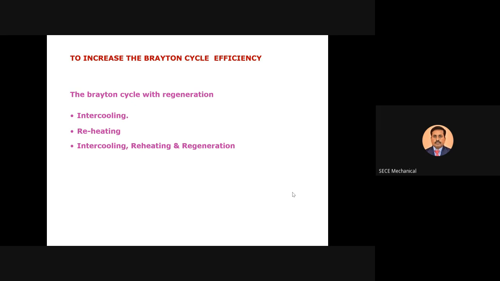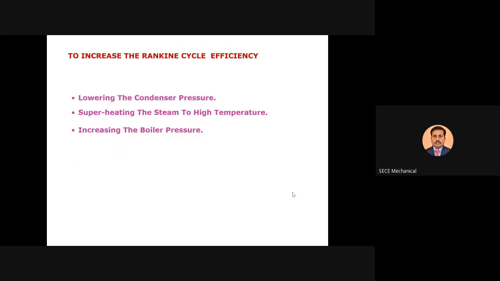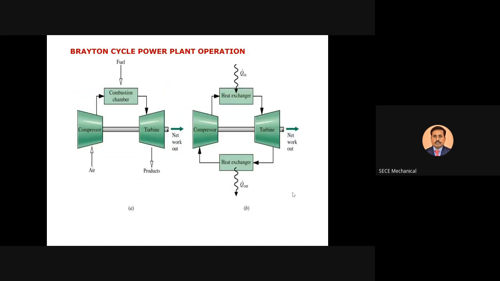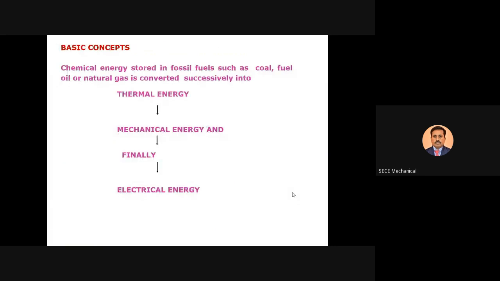Either we implement intercooling, reheating, or regeneration in the Brayton cycle, or by adding devices like lowering condensation temperature, adding superheating devices, and increasing boiler pressure we can improve the Rankine cycle. And finally, we can combine both cycles to improve the efficiency. So these techniques are used to improve the power plant, that is called the combined cycle power plant.